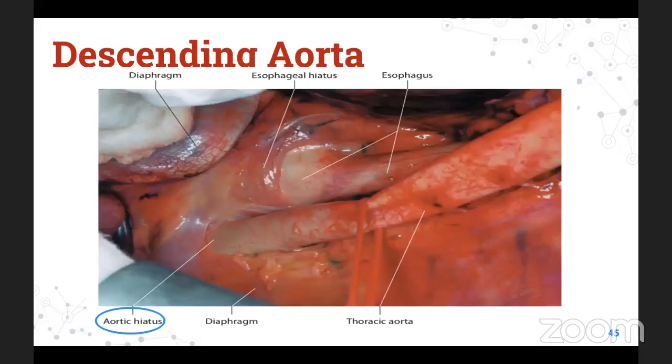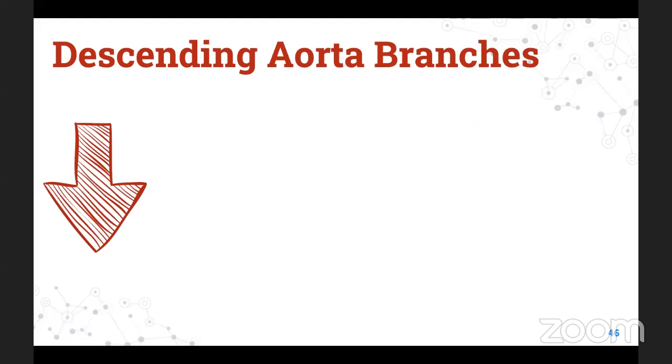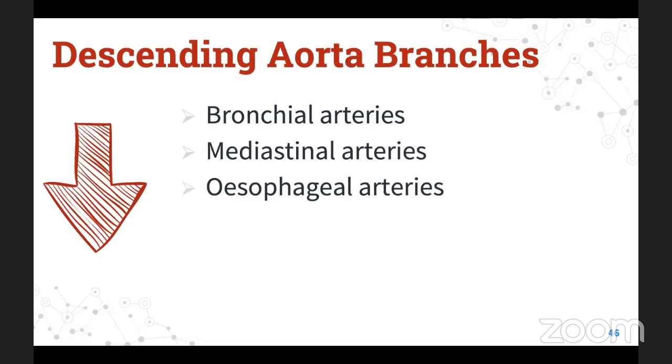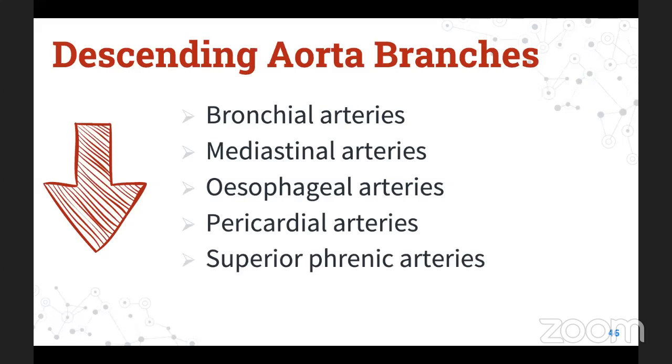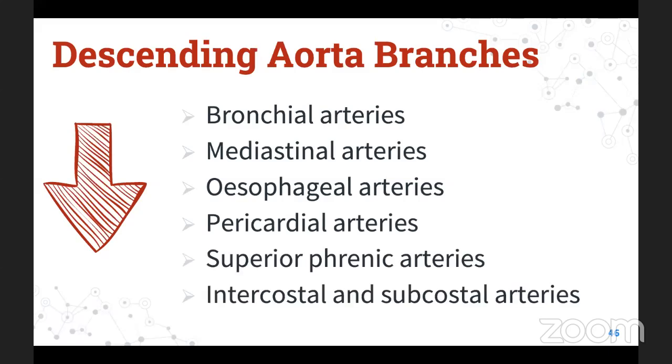The descending aorta leaves the thorax via the aortic hiatus in the diaphragm at T12, and this is the picture showing the aortic hiatus. The branches of the descending aorta, in descending order: bronchial arteries, mediastinal arteries, esophageal arteries, pericardial arteries, superior phrenic arteries, and intercostal and subcostal arteries.